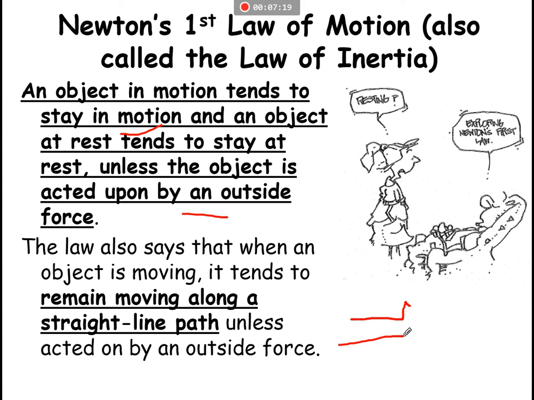It keeps on moving in a straight line unless you apply the brake on it. The brake is nothing but the external force. The object keeps moving in a straight path unless you apply a force from outside. That is called the law of inertia.